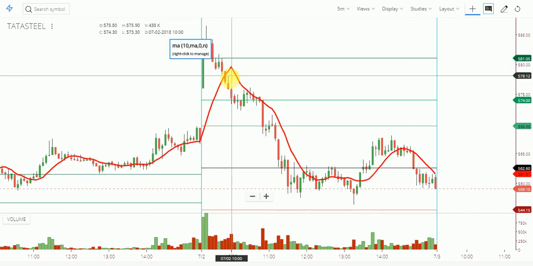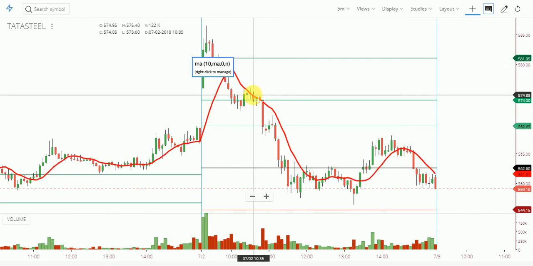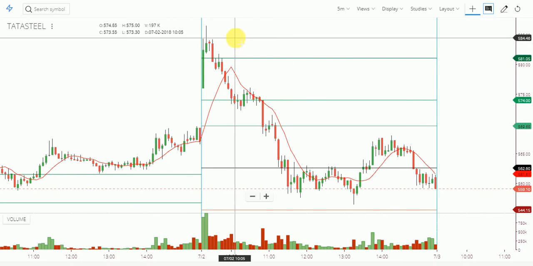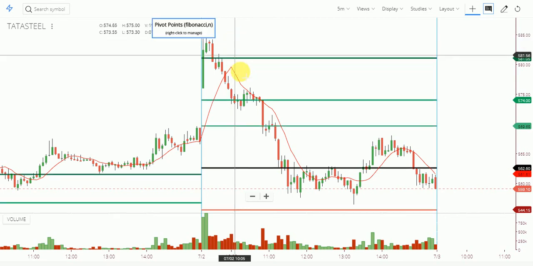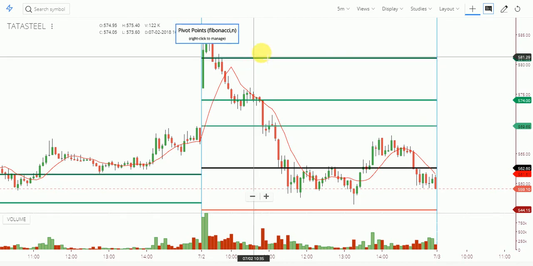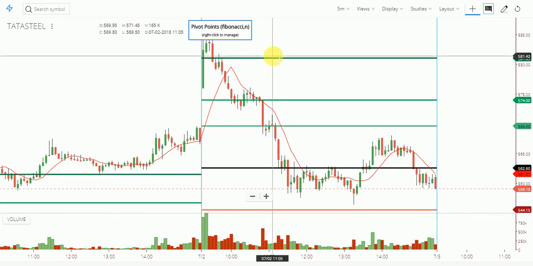So see here, after that, my main focus is to not get this SL hit, right? If it had almost reached here or started dancing in between, I would have closed the position right here itself.